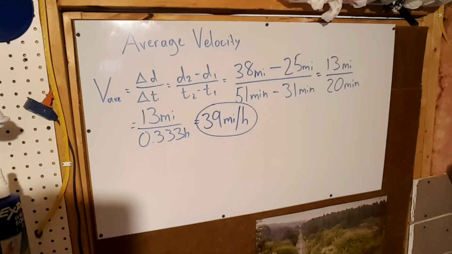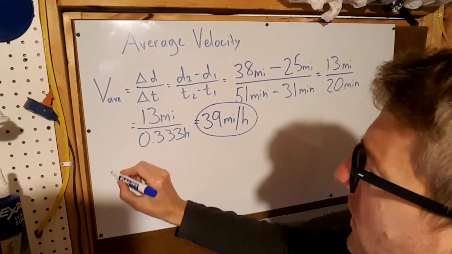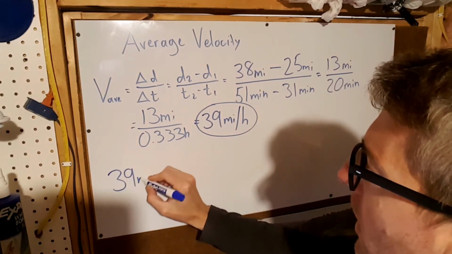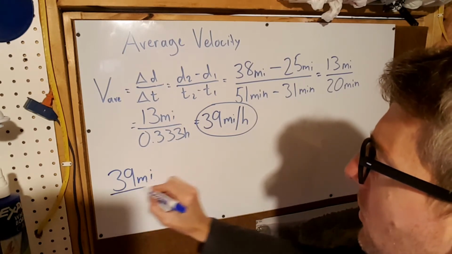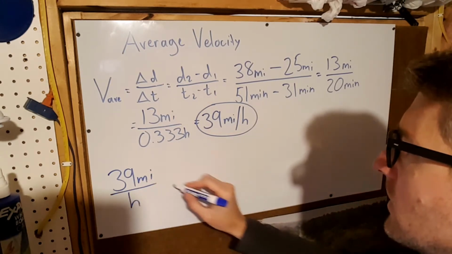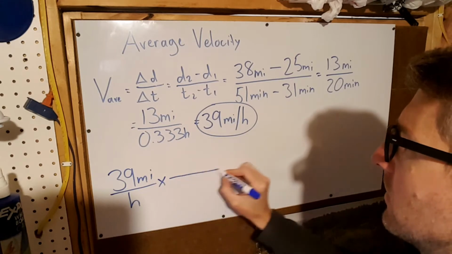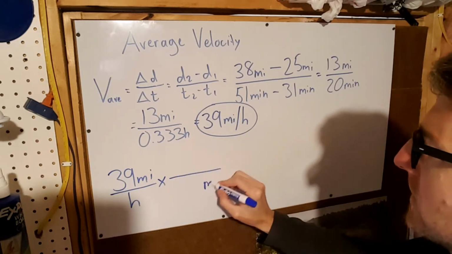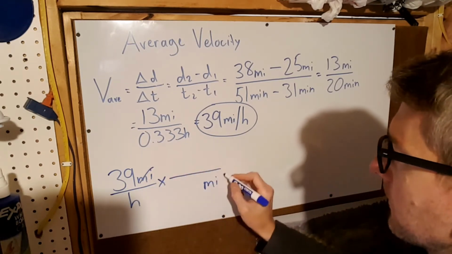I also asked you guys to convert this to kilometers per hour and meters per second. So let me show you how to do that real quick. 39 miles per hour, just write it. Miles, in this case, I'm going to write it over hours like this to make it simpler to work with. Times bar. I'm going to write miles down here because I eventually want to cancel it.